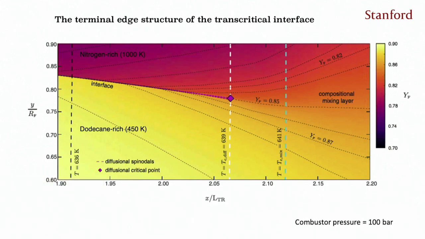So this is a fundamental structure that can be calculated with this theory, and it gives you something called an interface edge, in which the interface terminates at the diffusional critical point. So there you have an interface upstream of a diffusional critical point, and a supercritical mixing layer downstream.